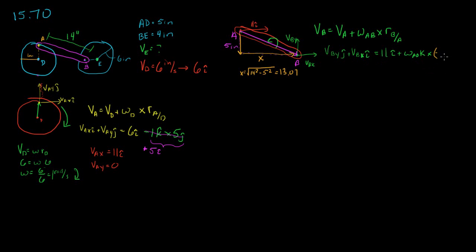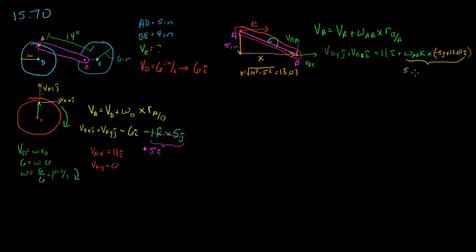So we're going to have to go down 5 inches and over 13.07 inches. So minus 5j plus 13.07i. And we just have to compute this cross product right here. We're going to have a minus 5 times an omega AB. k cross j is a minus i. So this negative sign is going to turn into a positive.